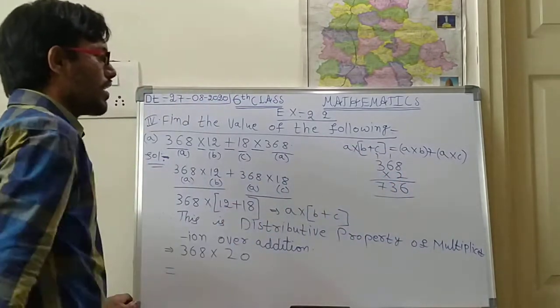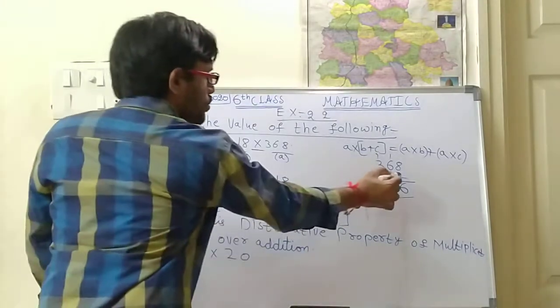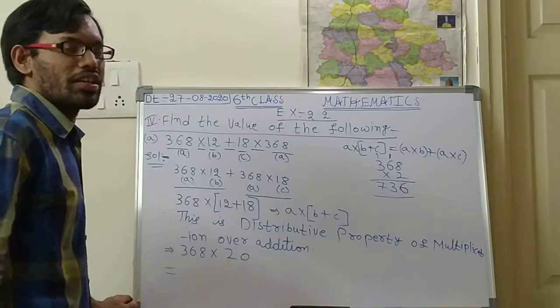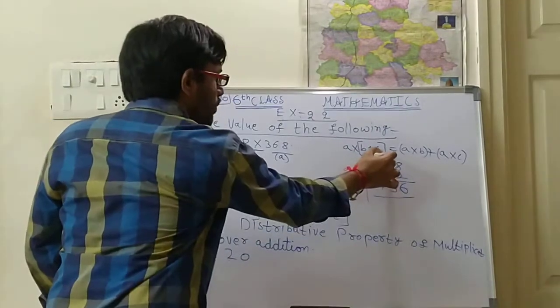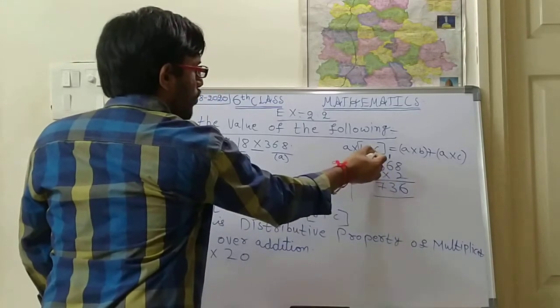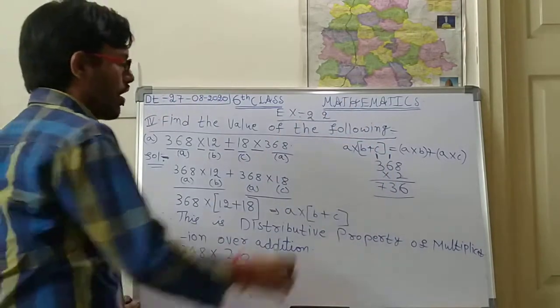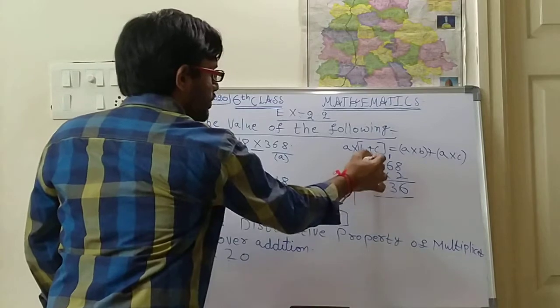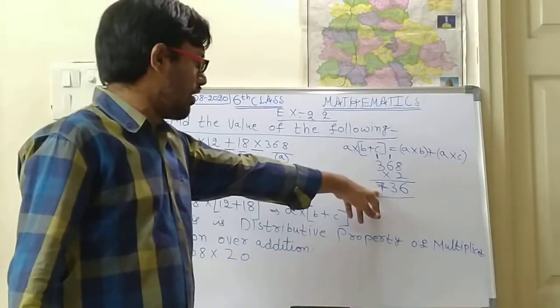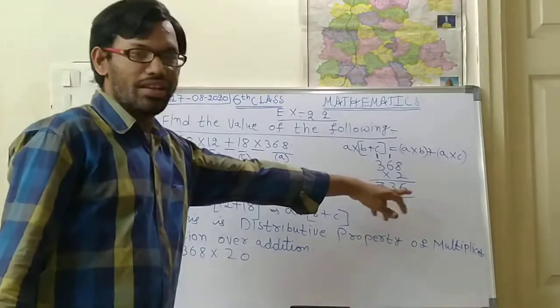So what is the answer? 736 is the answer. 6 is in the ones place and 1 is carried to the tens place. So 2 6s, 12 plus 1 is 13. So 3 is in the tens place and 1 in the hundreds place. Now 2 3s, 6, 6 plus 1, 7. 7 is in the hundreds place. So only single digit. So the answer should be 736.